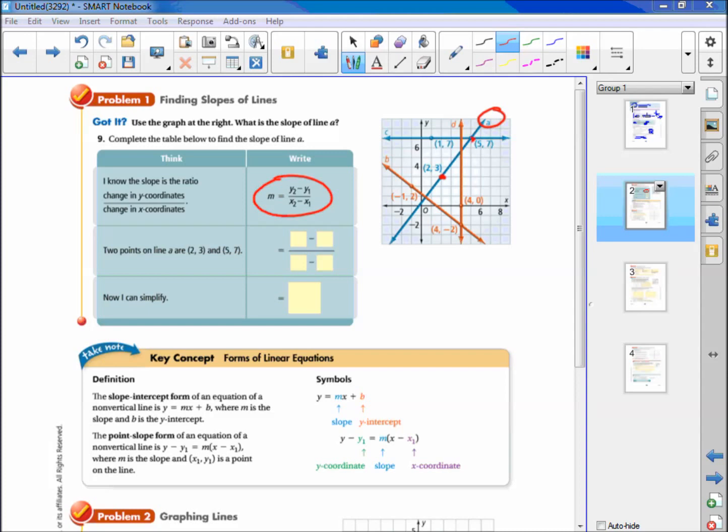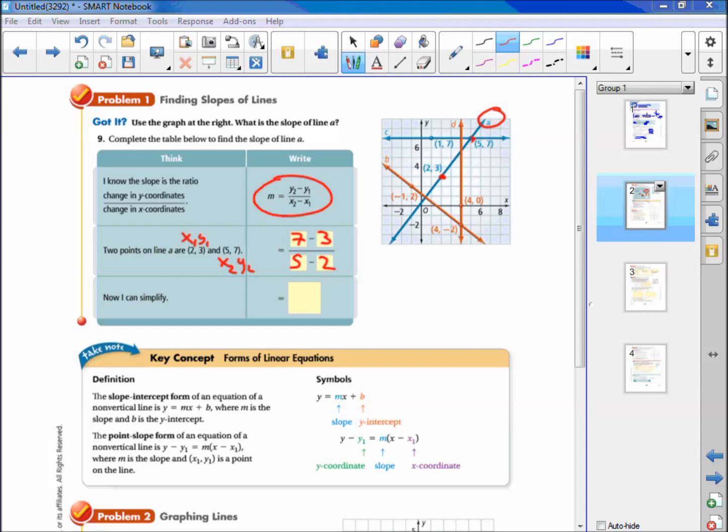Okay, so we can transfer those into our formula. So remember, we could say this is point 1, so that's x1, y1, and this is point 2, so that's x2, y2. We put the y2 coordinate first, which is 7, and then the y1, which is 3, over top of 5 minus 2. Now remember, it's okay if you call the first one x2, y2 and the second one x1, y1.